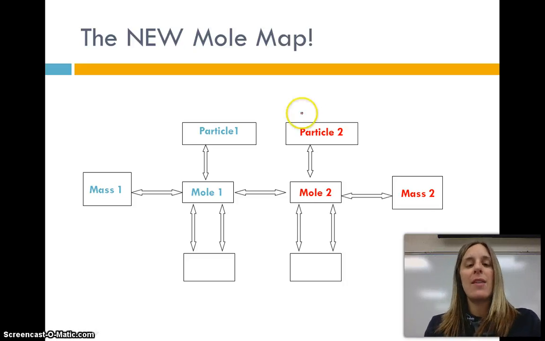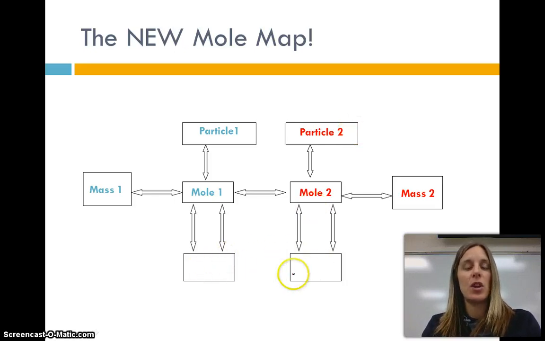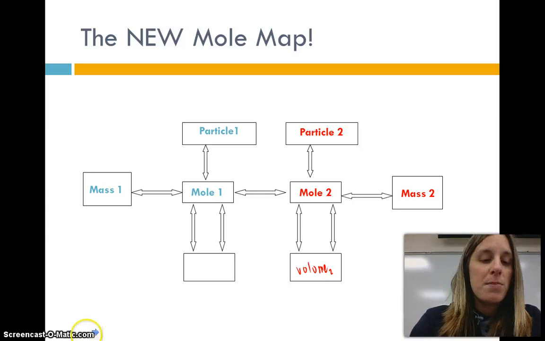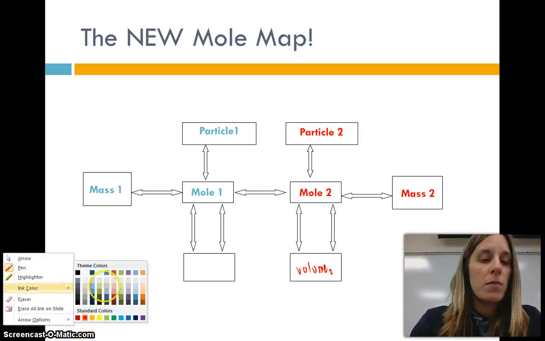You'll notice up here we have our mole map from semester 1 that we added to in chapter 9, and we've added 2 boxes down here to this little middle area. These 2 boxes are where we're now going to add the word volume. This box would be your volume 2, and this box over here would be your volume 1.